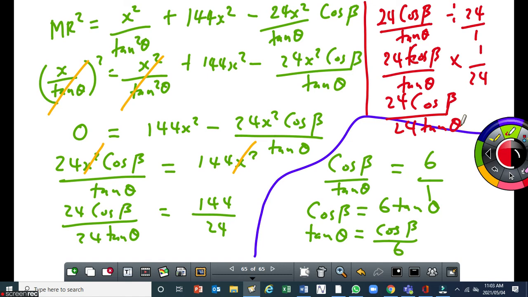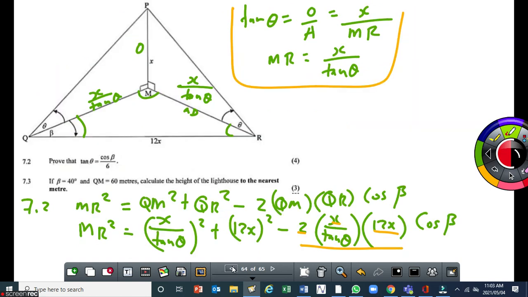We need to eliminate the coefficient 24 on the left. Remember to be aware of what you are trying to prove. We are trying to prove that tan beta is equal to cos beta over 6. So don't touch the cos beta, don't touch the tan beta.